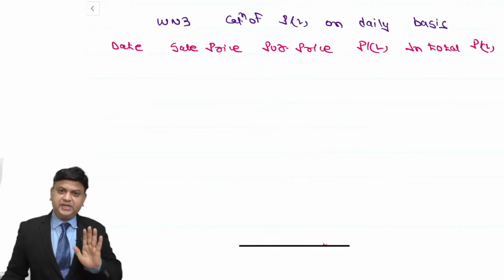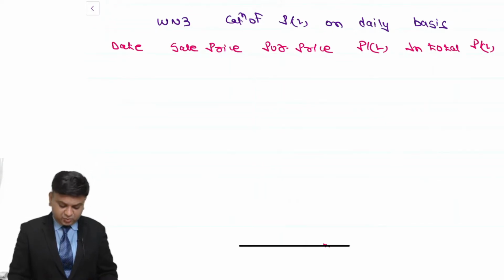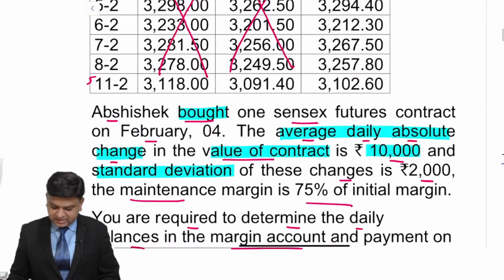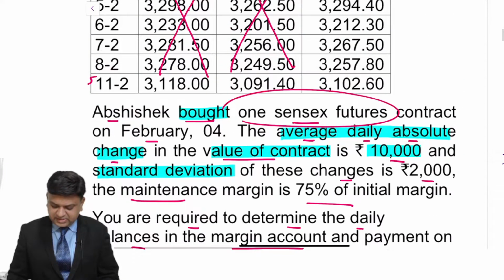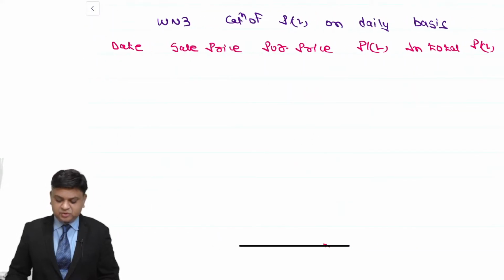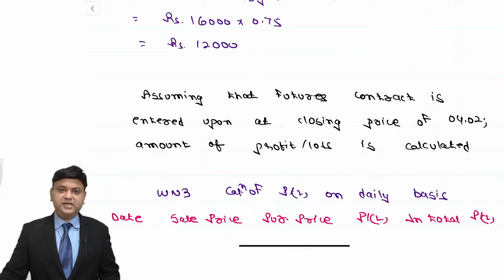Lot size is provided as 50, and the number of contracts is 1, because the question is providing the information that Abhishek bought 1 Sensex futures. How to make the calculation of the Sensex is also what we are going to cover later on. So I want you to complete this working note number 3, and then I want you to prepare the margin account.